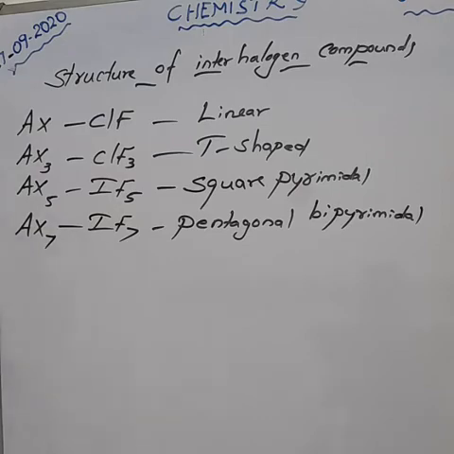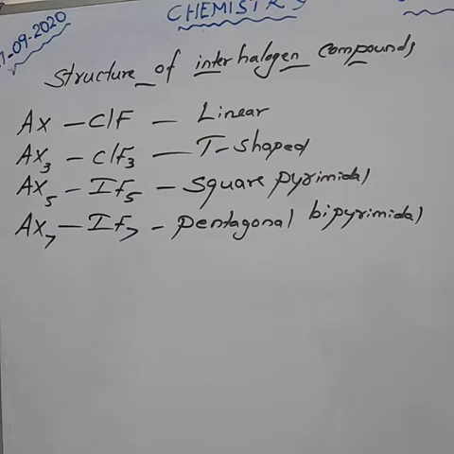Anyhow, the very important area: what is the hybridization of AX type, of AX3 type, of AX5 type, and of AX7 type? All of you know about that. What is hybridization? I already told you that it is nothing but an intermixing of orbitals.